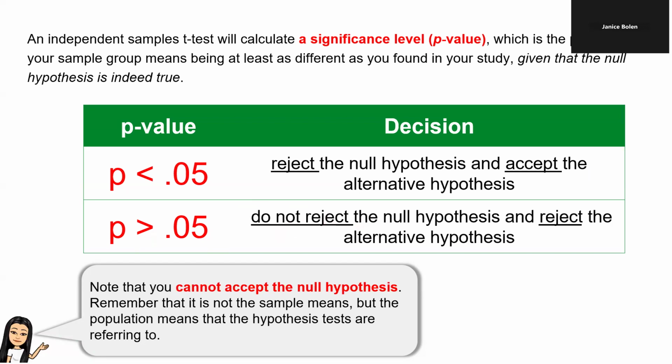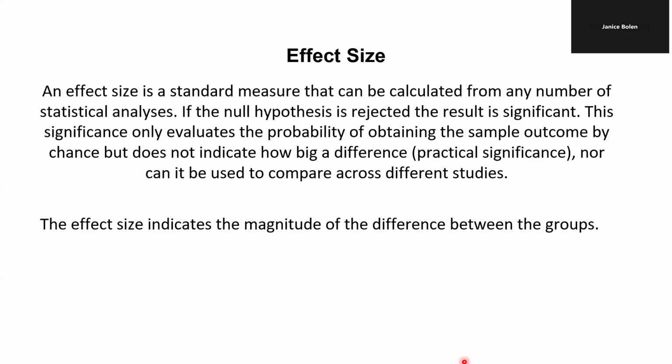Now, let me include what we refer to as effect size. We need effect sizes to indicate or to look deeper into the practical significance of the result. Now, what is an effect size? An effect size is a standard measure that can be calculated from any number of statistical analyses. If the null hypothesis is rejected, the result is significant.